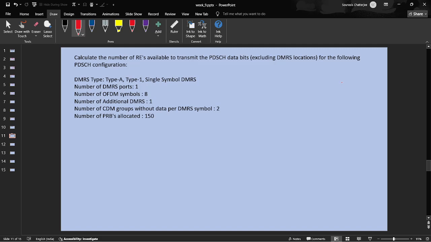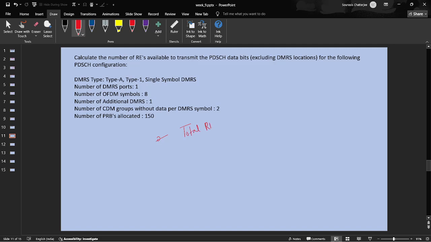So about this question here, we are supposed to calculate the number of REs available to transmit the PDSCH data bits, and we are following the PDSCH configuration. So we have 150 PRBs allowed. We have 8 OFDM symbols. So what is the number of total REs including DMRS?